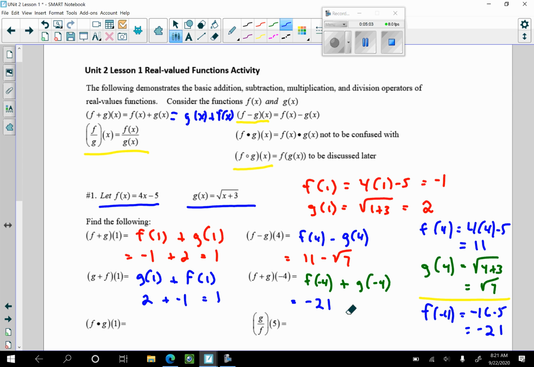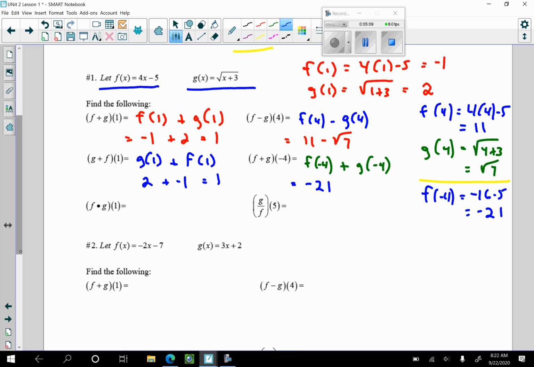And g of negative 4 is going to be the square root of negative 4 plus 3, which is the square root of negative 1, which is not a real number.